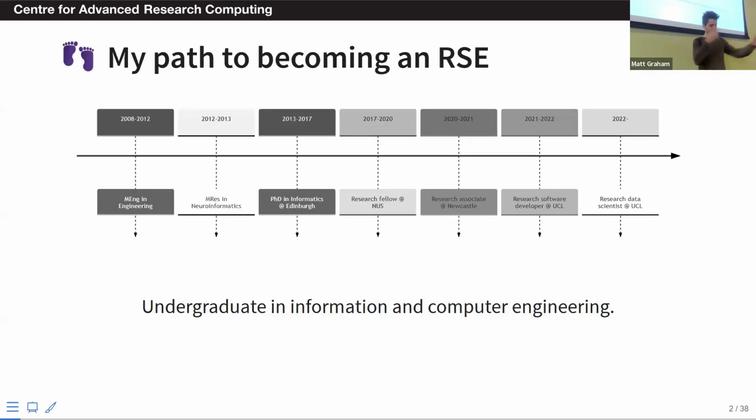So just to give a bit of context of my move into RSE, but also to set the scene for why I'm interested in automatic differentiation. I started my education as an undergraduate in engineering, specializing in information and computer engineering. And that was the start of my interest in probabilistic machine learning, Bayesian inference.